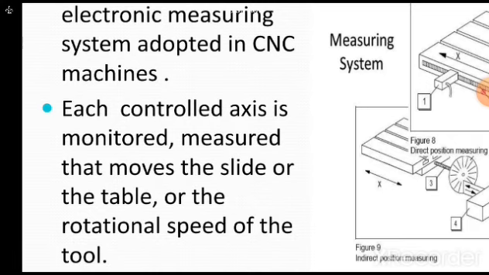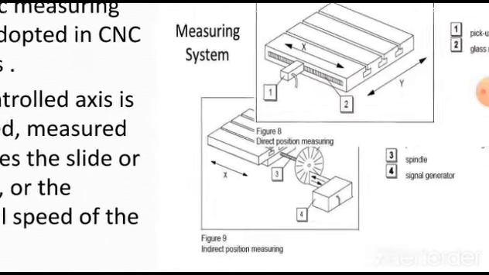The axis is always controlled, and each axis is provided with servo motors known as feed motors. These feed motors get the control signal from the control unit of a CNC machine, and are responsible for giving the proper movement to the table or the slide or the rotational speed of the tool or the workpiece, whatever is there.